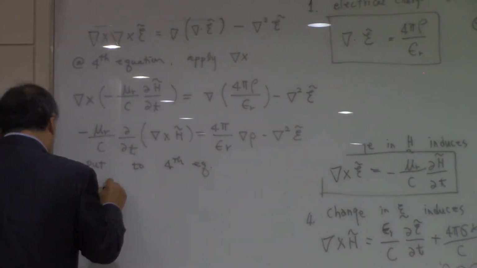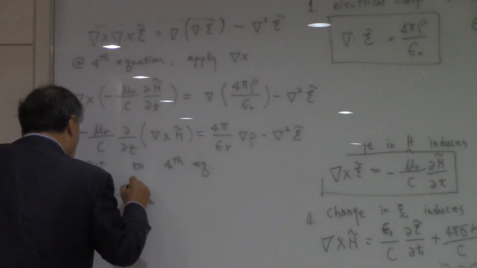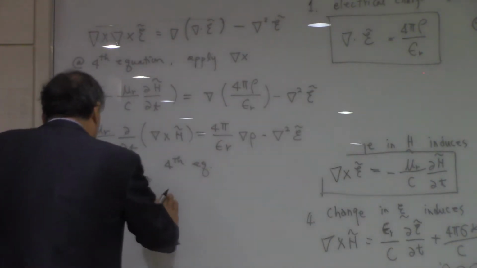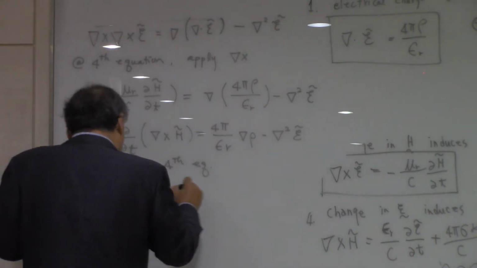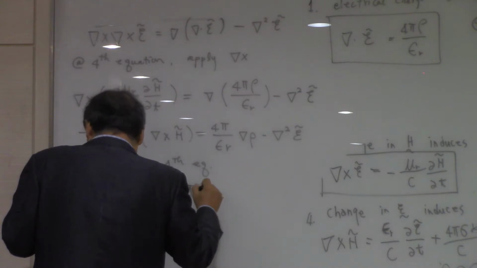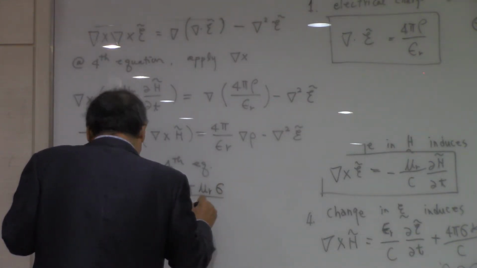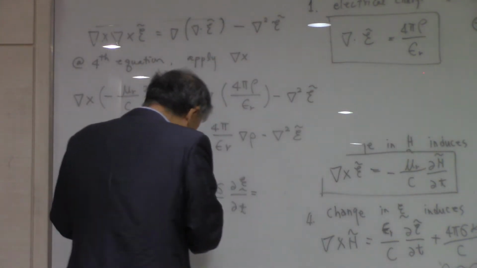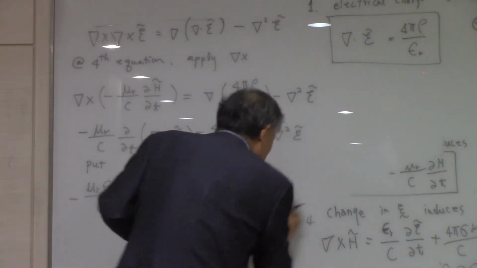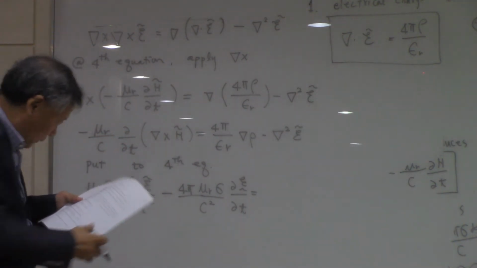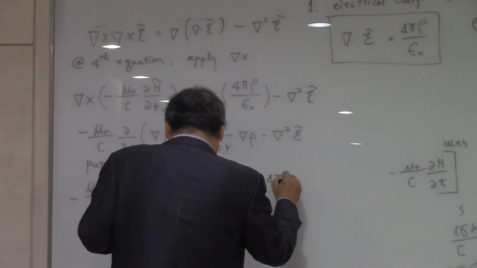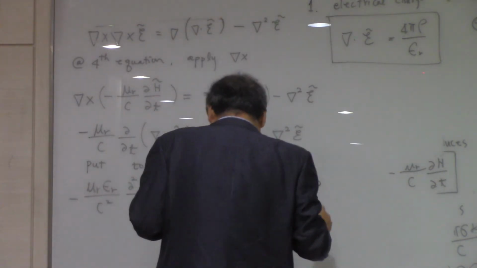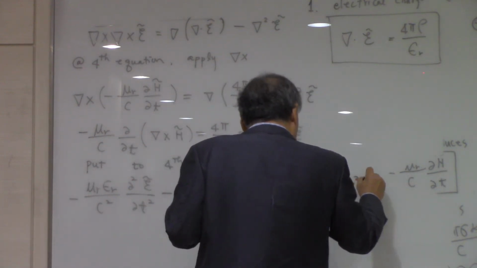Then minus 4 pi mu r conductivity and c square round t round electric field should be equal to 4 pi over the electric constant rho minus electric field, something like this.